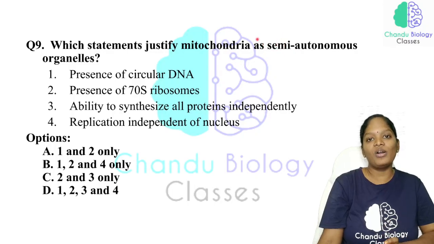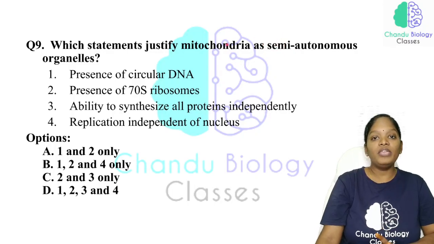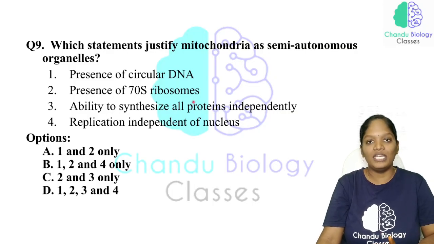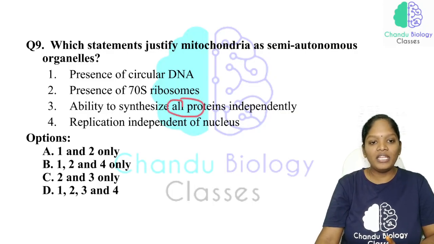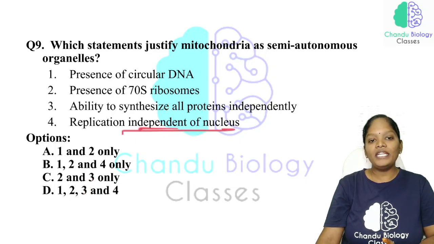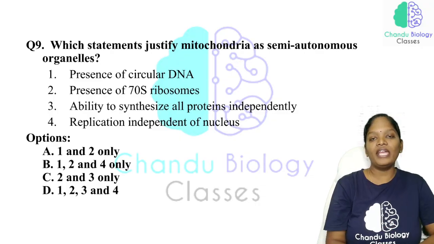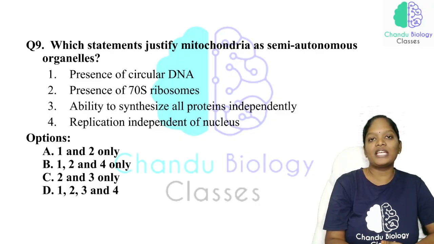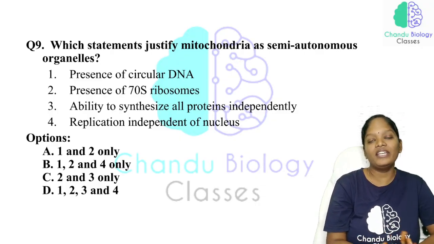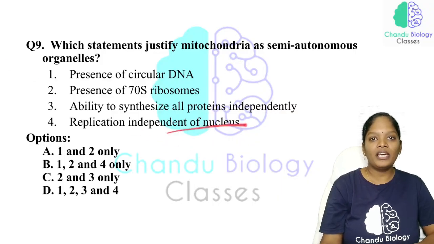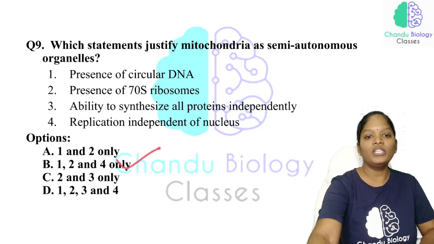But we are calling mitochondria a semi-autonomous organelle because they have the ability to synthesize some proteins independently. So we can easily eliminate the third option. Then, replication independent of the nucleus: whether this replication is done with the help of the nucleus or without it, as it has DNA, it has the ability to replicate itself. So this is a right statement. So the answer will be option B.